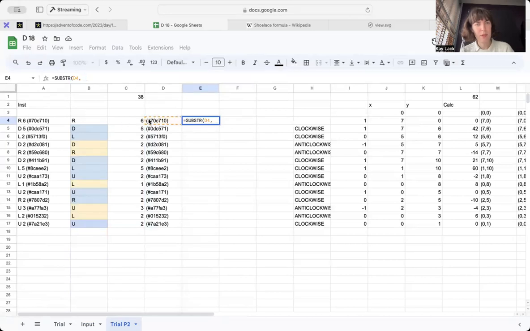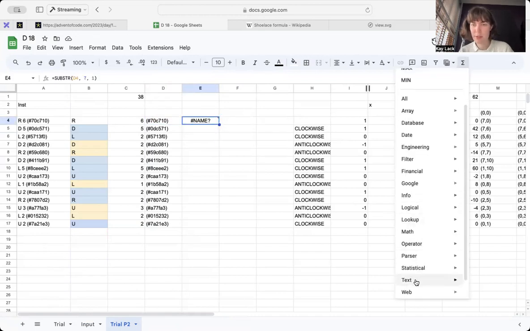And we've got 0, 1, 2, 3, 4, 5, 6, 7. What is it? Ugh, need my spreadsheet knowledge back.